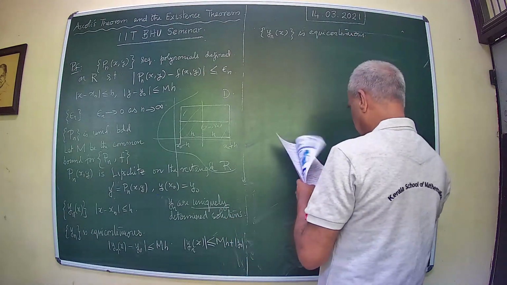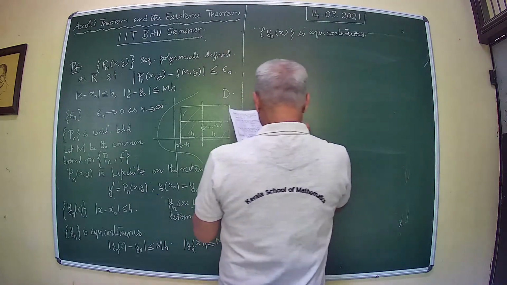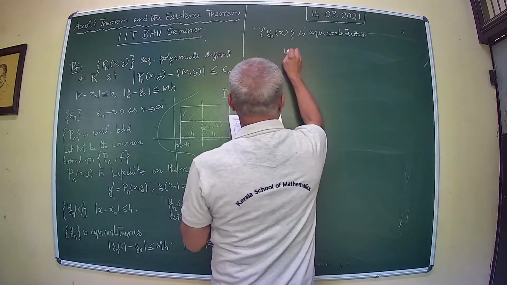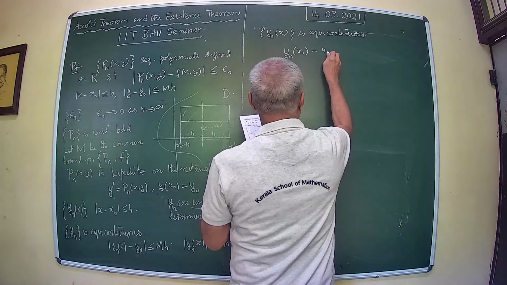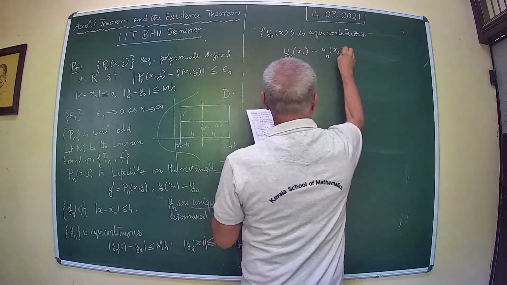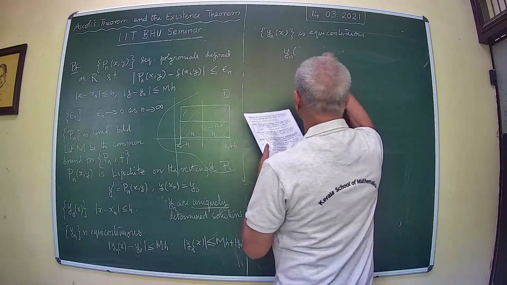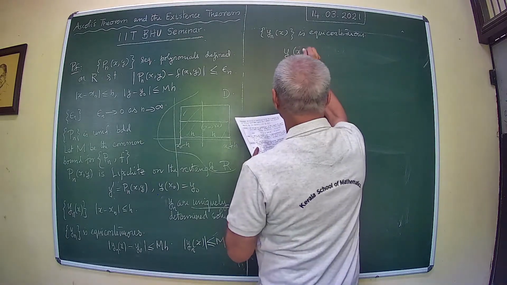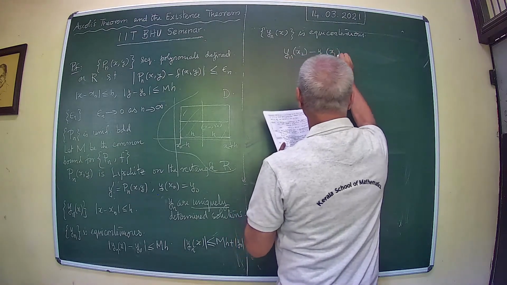Because you see, you take x1 and x2, you observe that yn of x1 minus yn of x2, you apply the mean value theorem here.